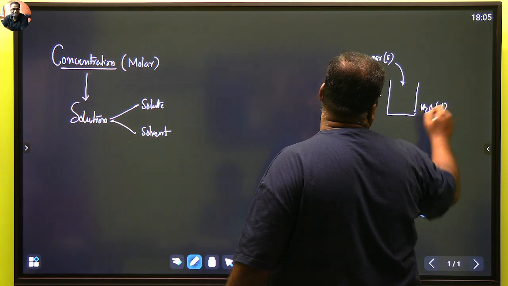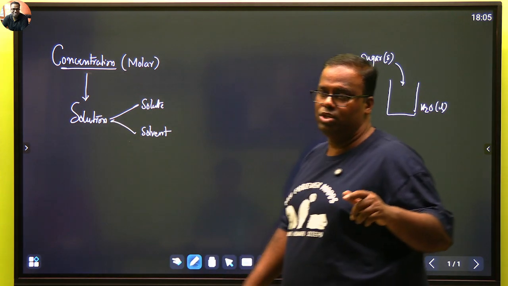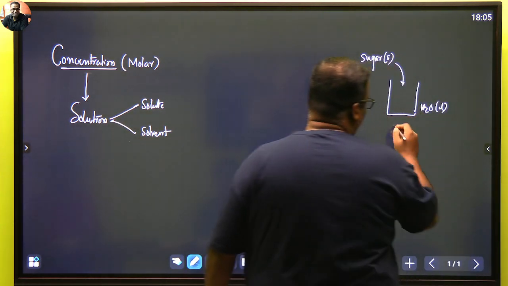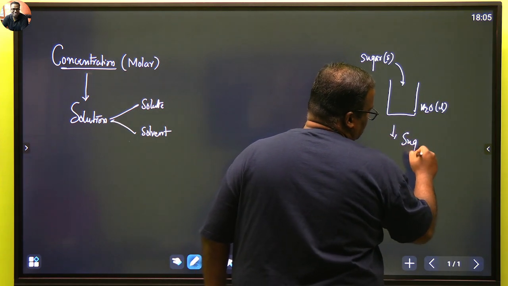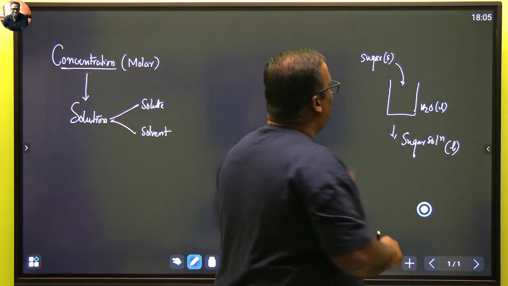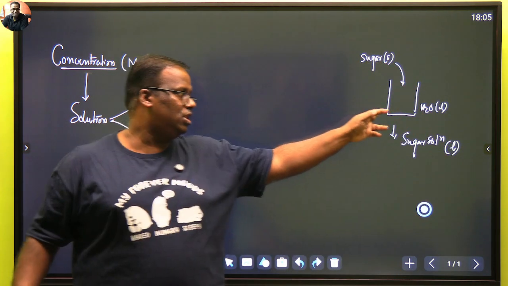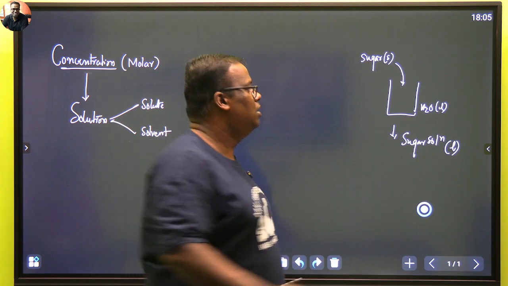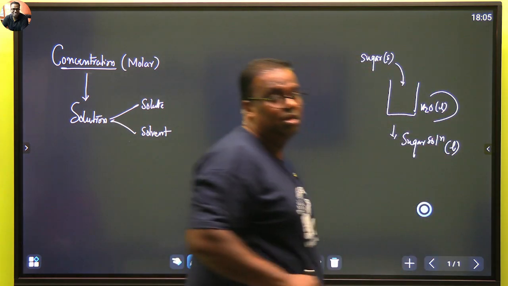This is liquid. So what does it become? Sugar solution. What is the state of the sugar solution? Liquid. Out of the 2, who was liquid? Water was liquid. So water is known as the solvent.